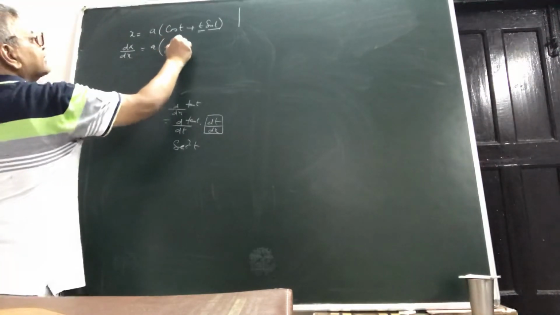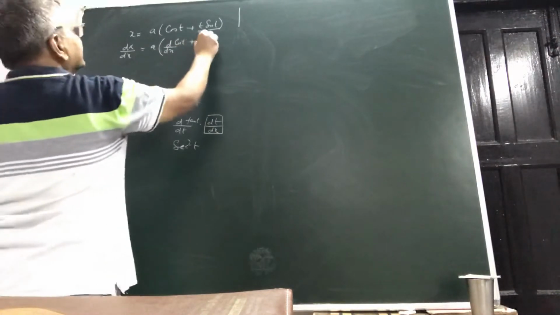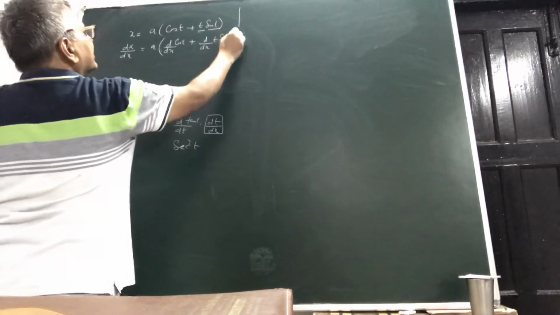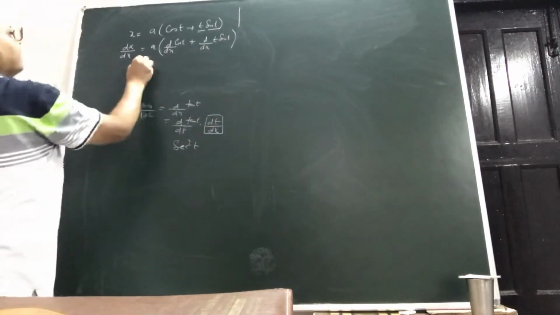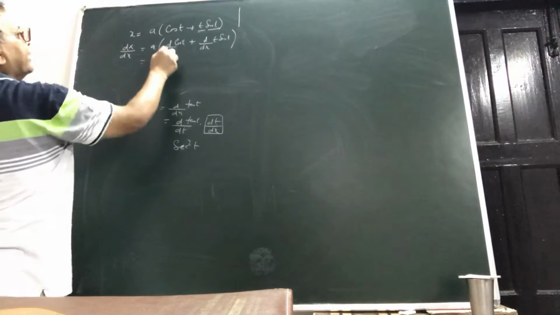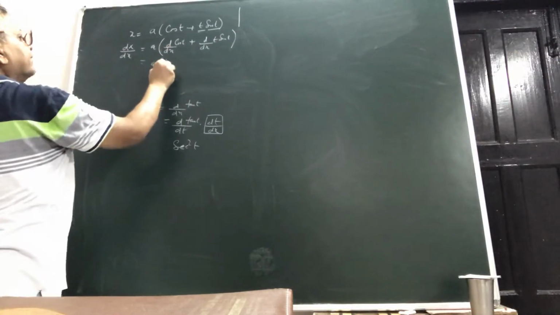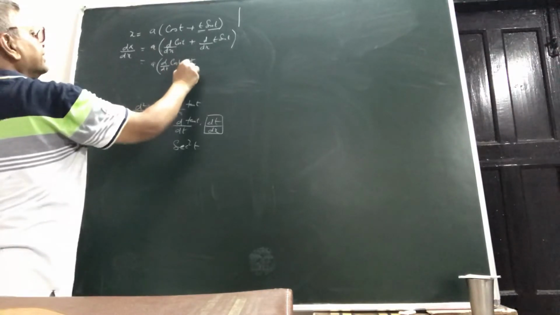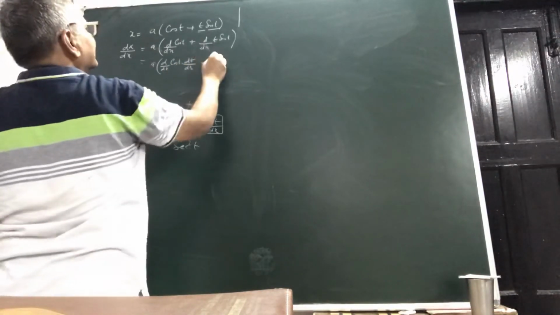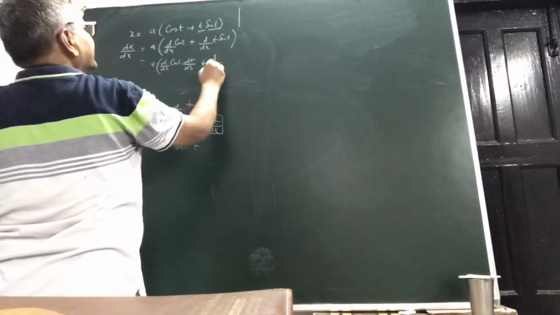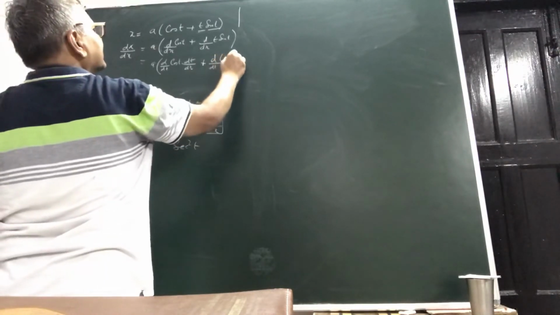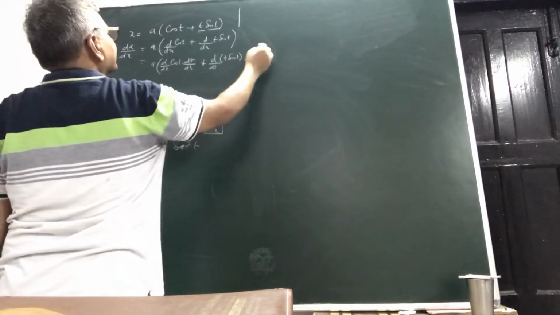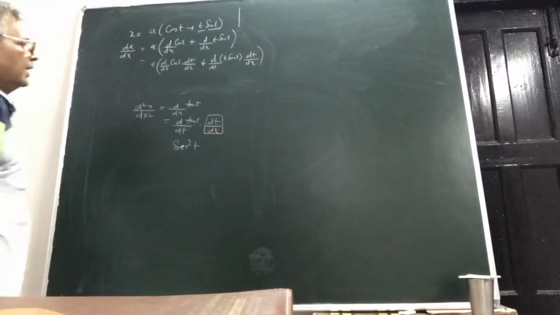This is d by dt of cos t into dt by dx, plus, likewise, d by dt of t sin t into dt by dx.